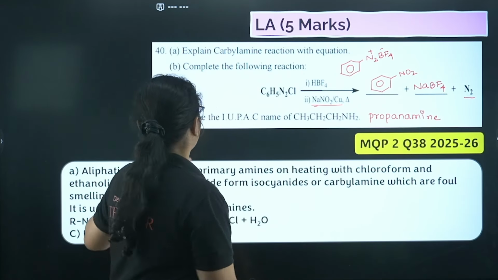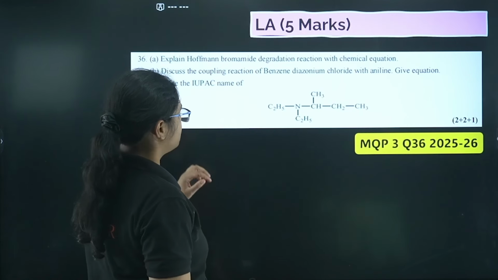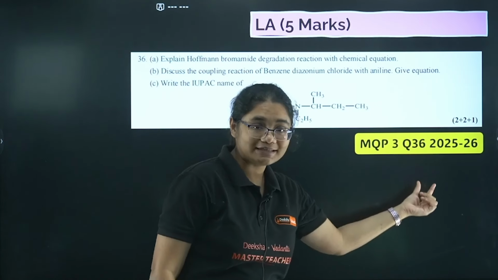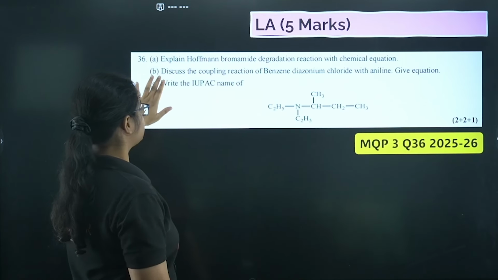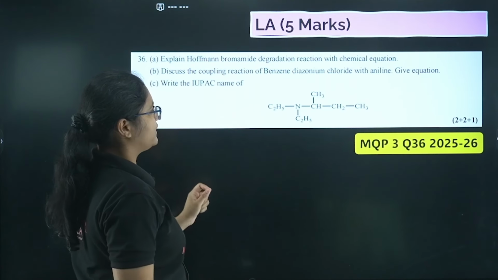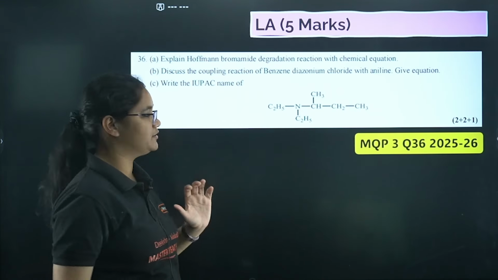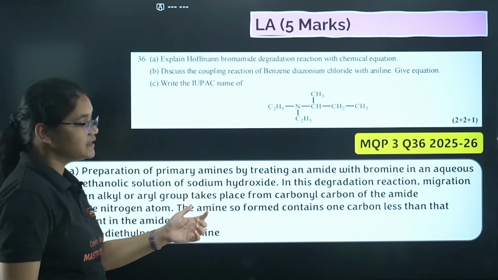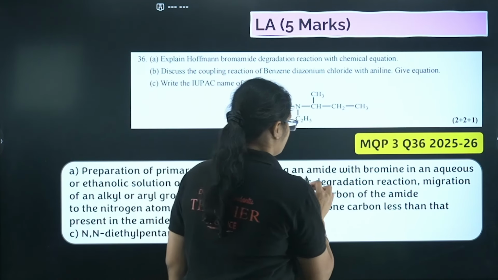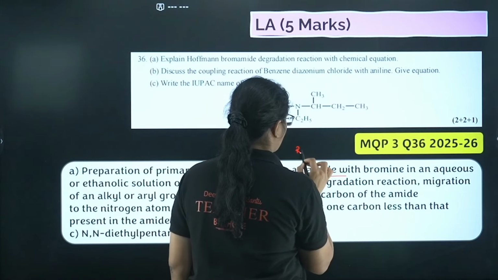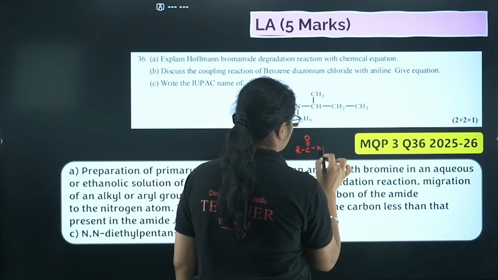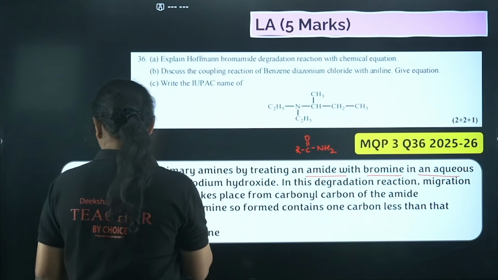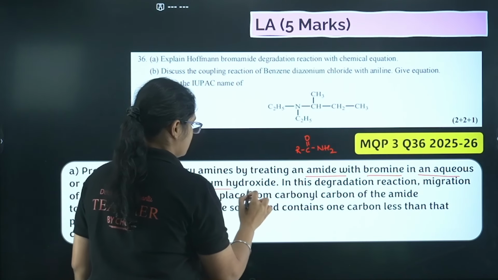Next, we'll go to the next question, that is model question paper 3, question number 36. You can see, explain Hoffmann bromamide degradation reaction with a chemical equation. So first, preparation of primary amines by treating an amide, when you have RCONH2, that is called an amide, with bromine in an aqueous or ethanolic solution of sodium hydroxide.